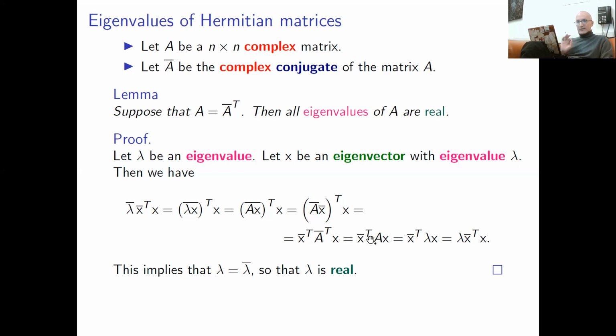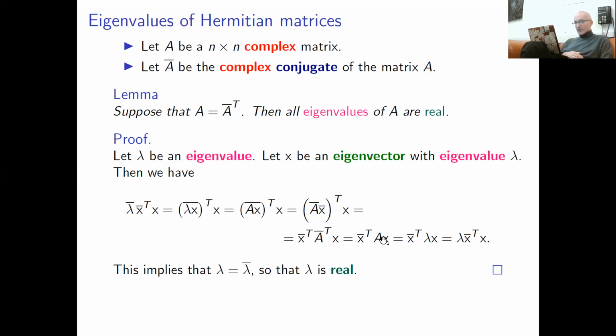Now you slowly play with this number. A times X is a vector, and you have a vector multiplied by the transpose of a vector, so as a result this is a number. Let's compute this number in two different ways.